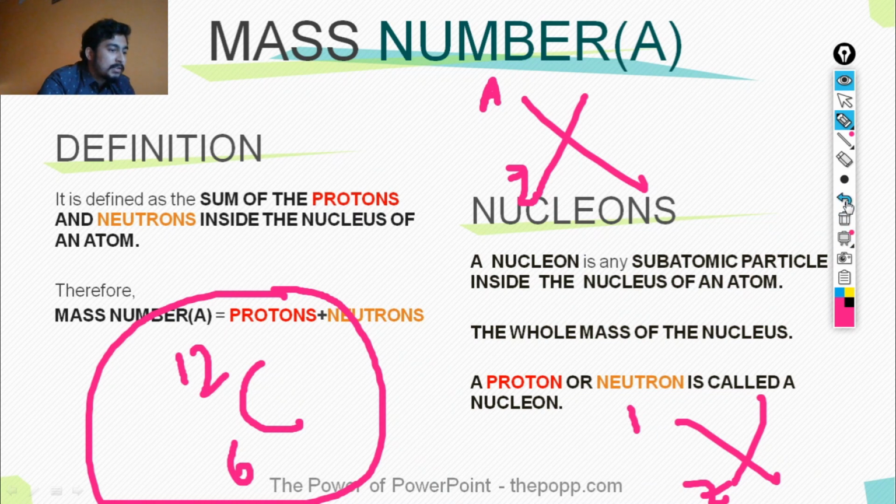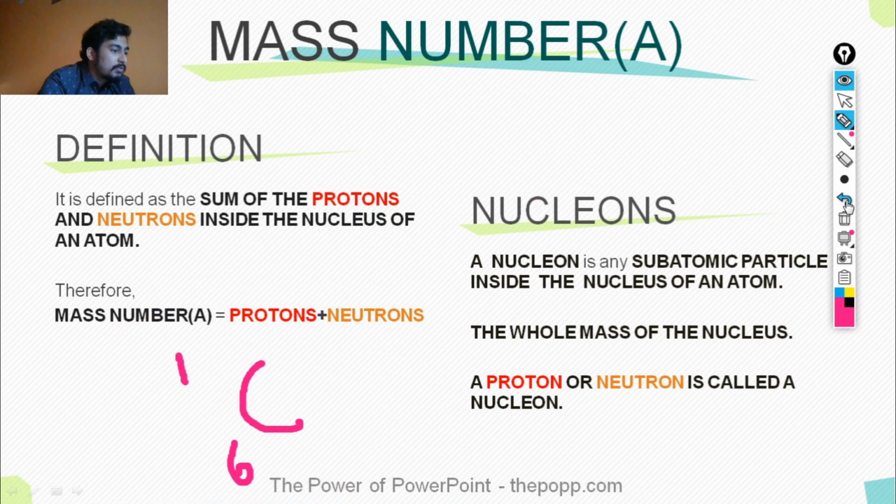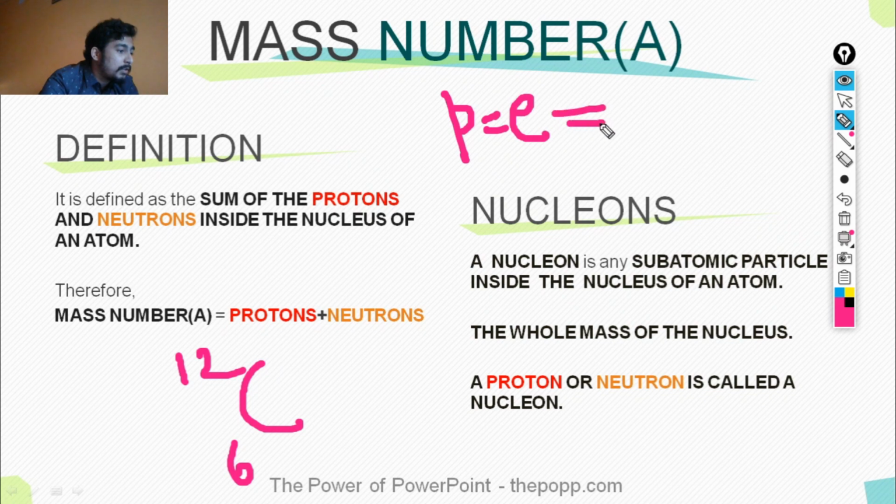So now let's solve how many protons, electrons and neutrons carbon has in this isotope, 6C12. Protons equals electrons equals 6, because the atomic number is 6.